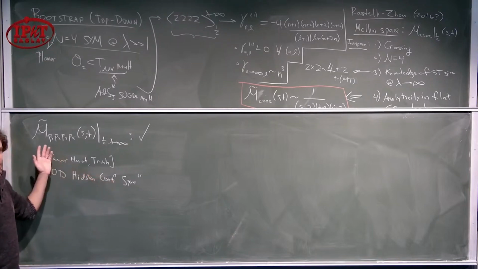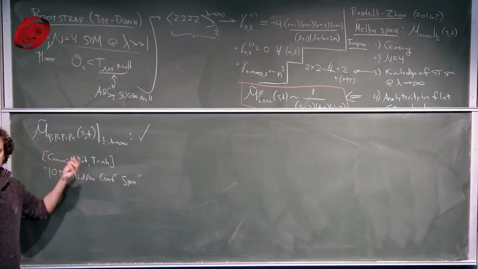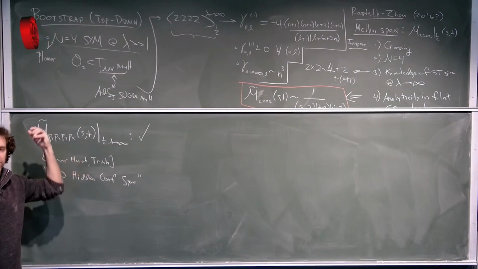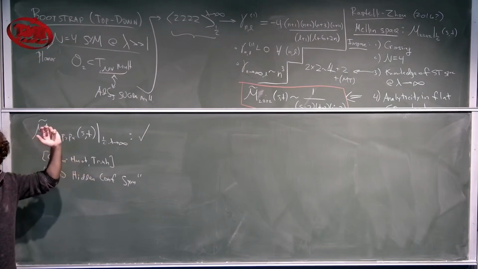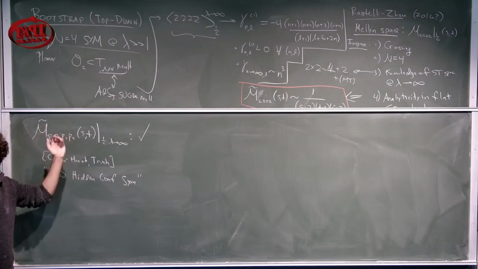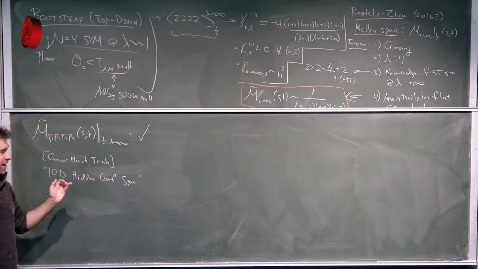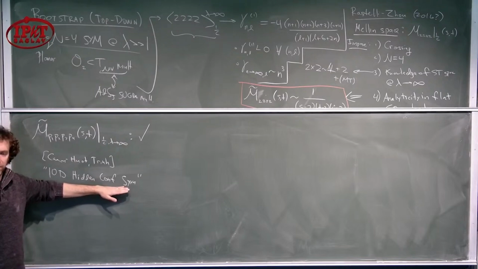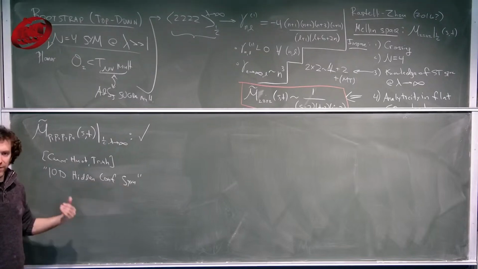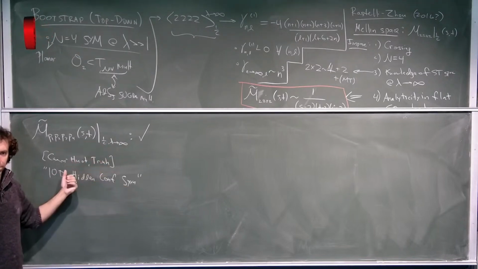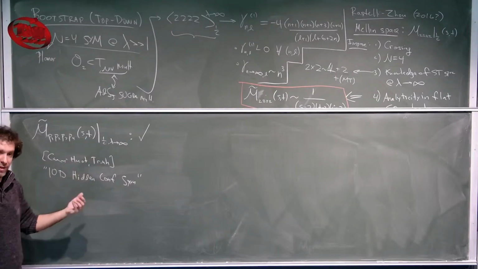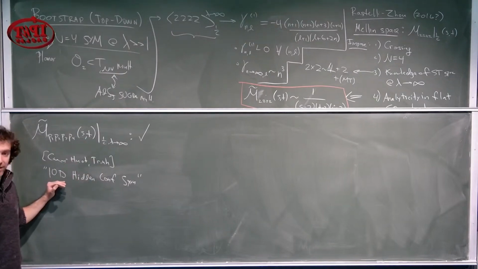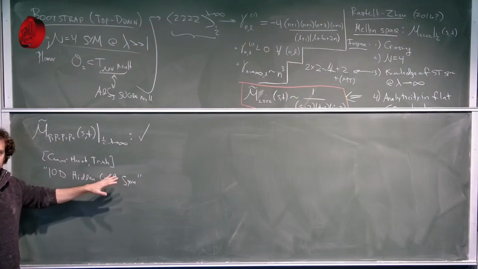If you want to compute a four-point function for any KK mode on S5, well, they all come from the same 10D supergravity fields. So they should all be related in some way. And it turns out there's some kind of 10D conformal symmetry argument that you can use to write down a generating function for all of these amplitudes, which has an enhanced symmetry, which looks like 10D conformal symmetry for this generating function of amplitudes.